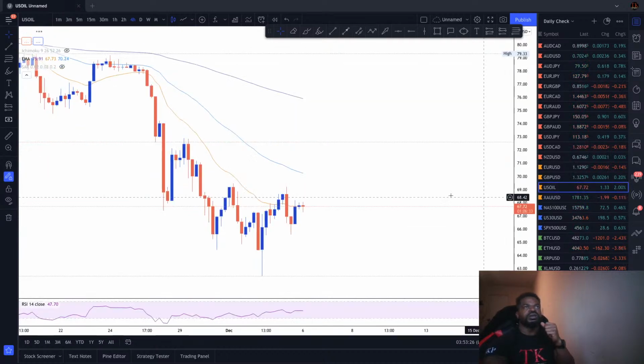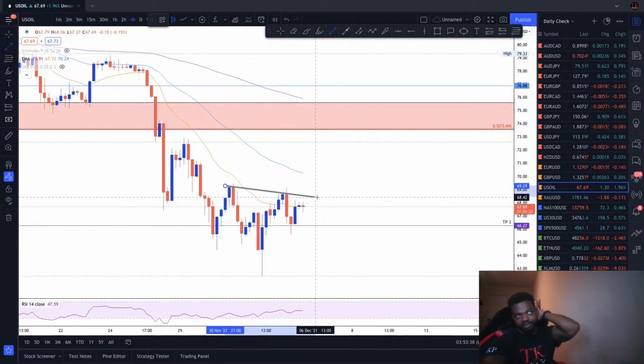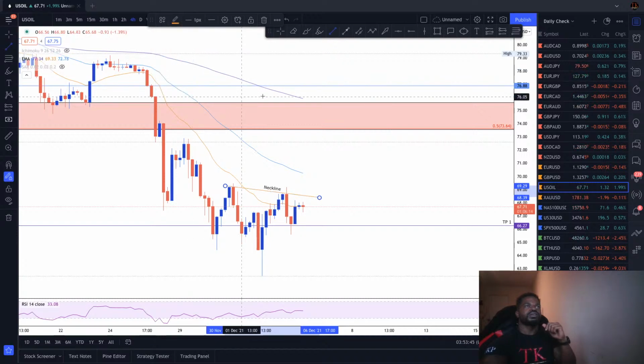So let's see what oil is doing. Okay, on the 4 hour on the oil, if we get a close above this area, that would be an inverse head and shoulders.